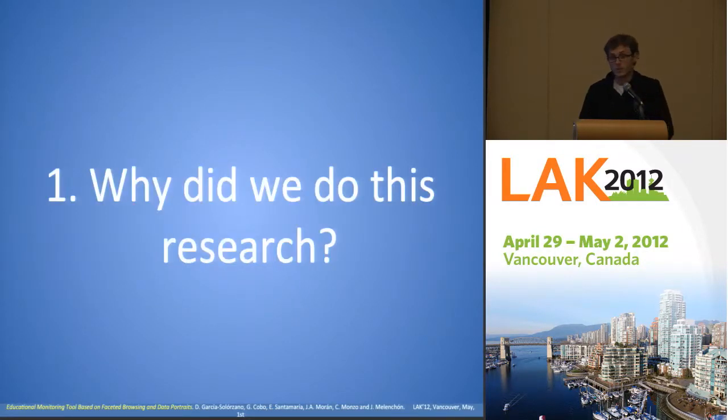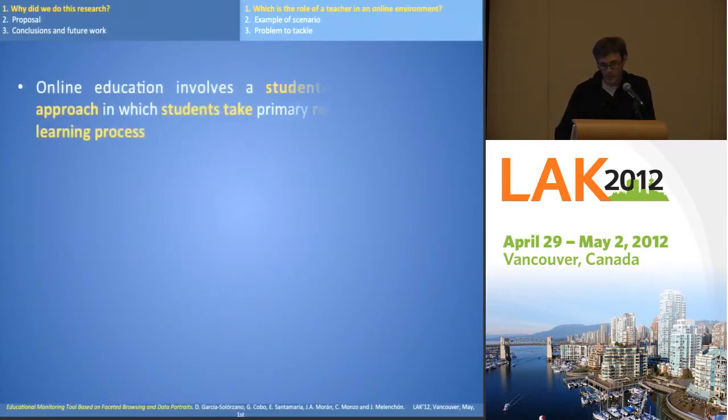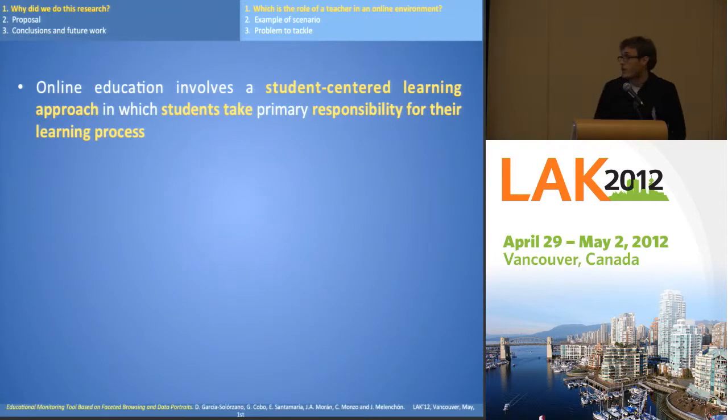Why did we do this research? Well, first of all, we have to know what the role of the teacher is in a fully online education environment. Online education involves a student-centered learning approach in which students take primary responsibility for their learning process.